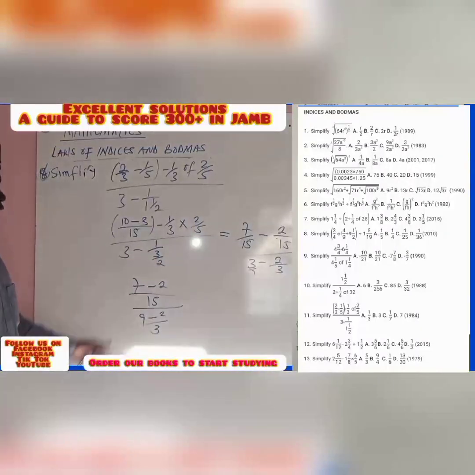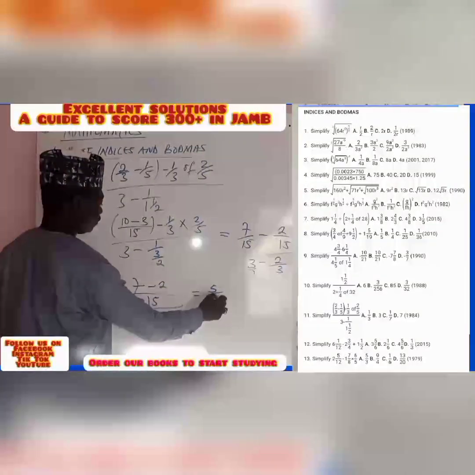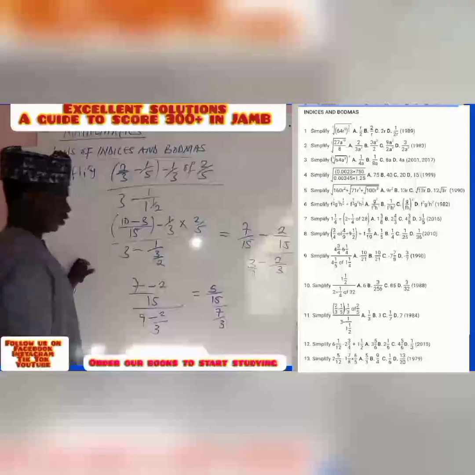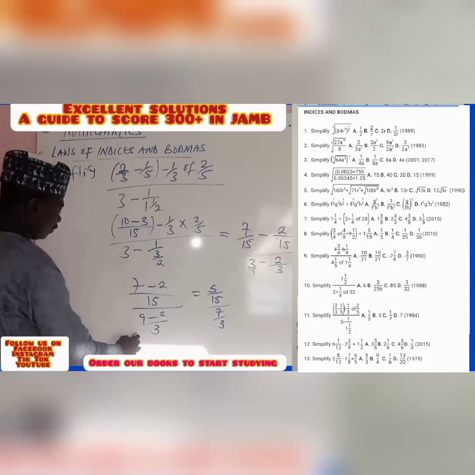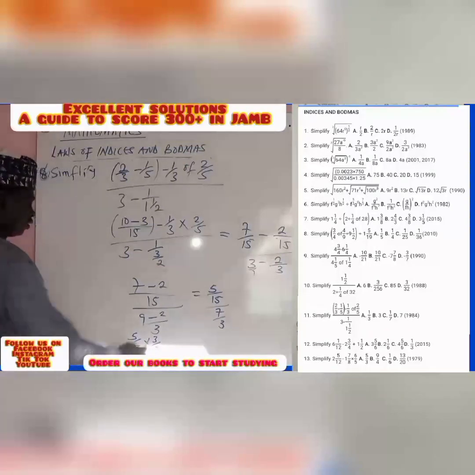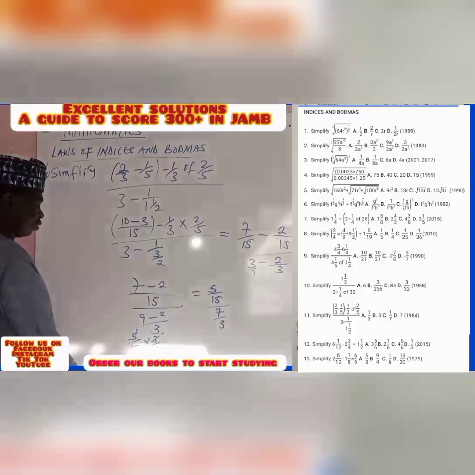So this is the same as saying 5 over 15 divided by 9 minus 2 is 7 over 3. So this is the same as making it 5 over 15 then times 3 over 7. 3 here, 1, 3 here, 5. 5 here, 1, 5 here, also 1.